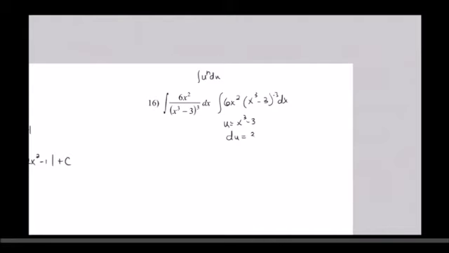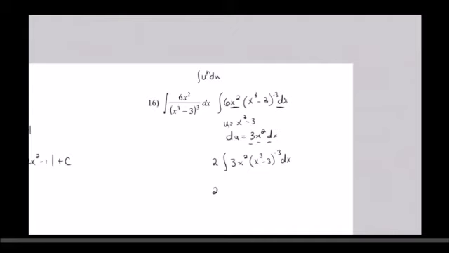Du is 3x squared dx. So we've got the x squared and the dx, but it's supposed to be a 3, and we got a 6 there. But again, 6 is a multiple of 3. So if I pull out a 2 in front, then that 6 does become a 3. So then this inside part becomes u, and then the 3x squared dx becomes du.